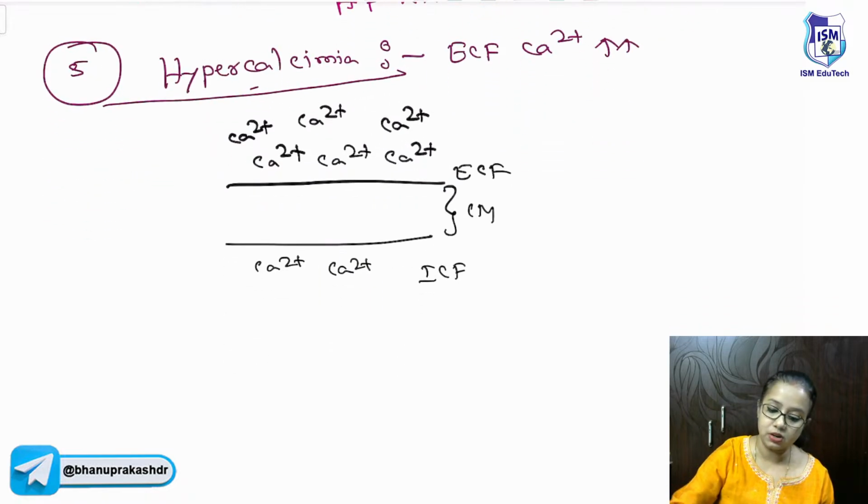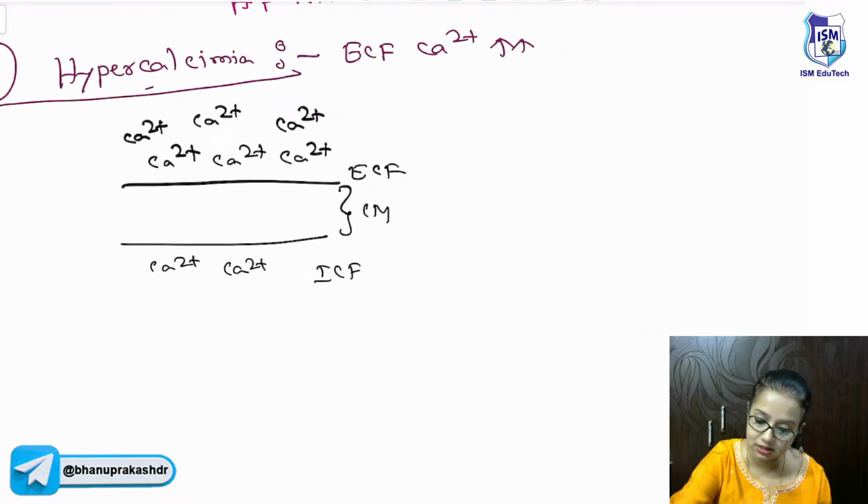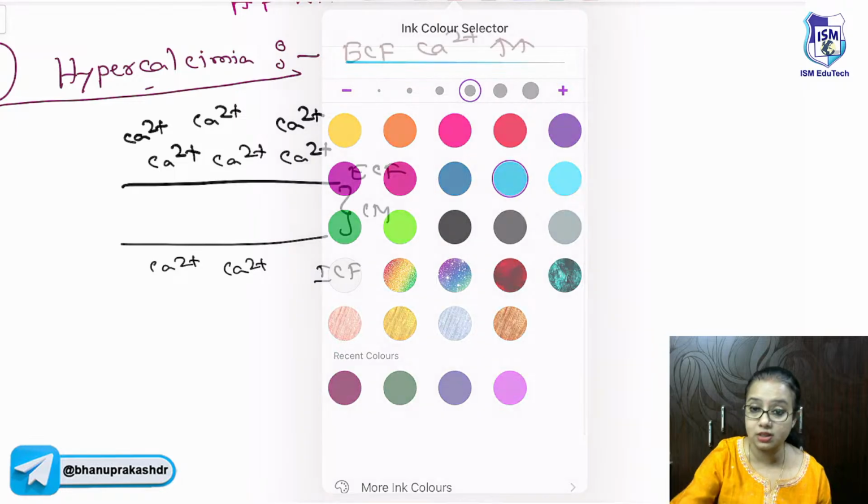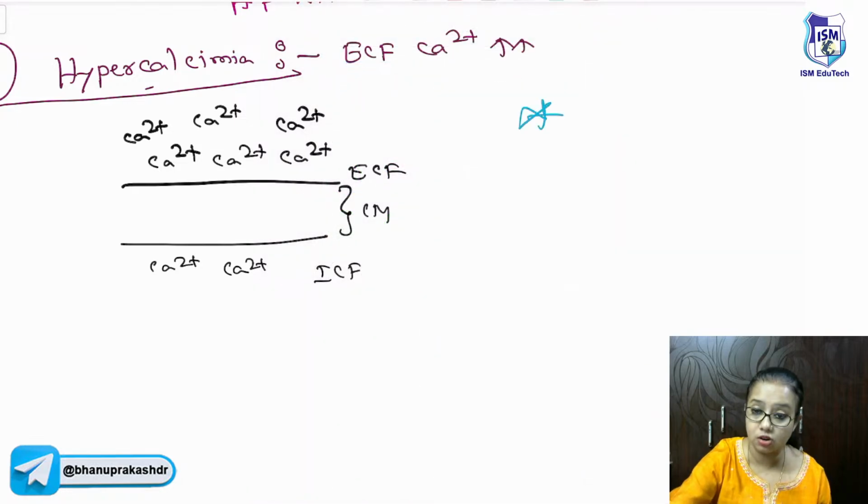Now, we know that calcium is needed for each and every function of the cell other than renin secretion and parathyroid hormone secretion. So this is another short and quick thing to remember. Always remember this, for the rest of your life.